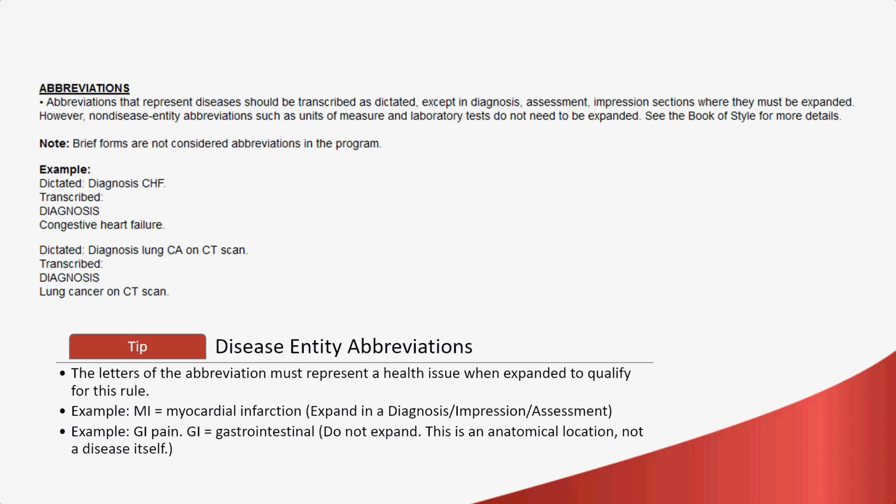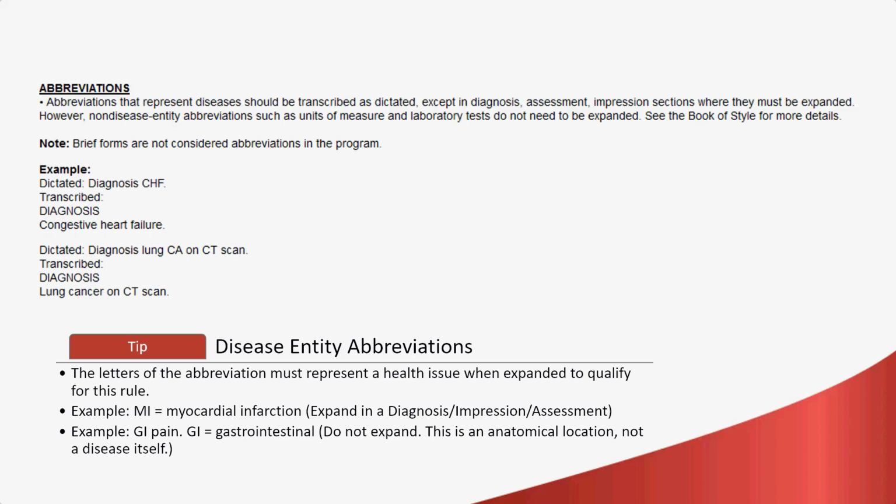So some examples below here. If MI was listed in the diagnosis, impression, or assessment, myocardial infarction, that is a health problem, that's a health issue, so we would expand it. If they said something like GI pain, yes, GI pain itself is a health issue, but GI, when we expand it, means gastrointestinal.